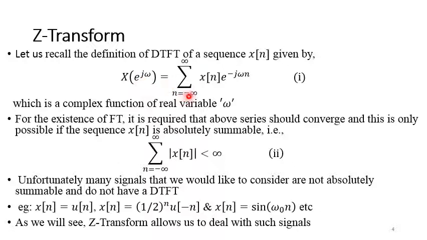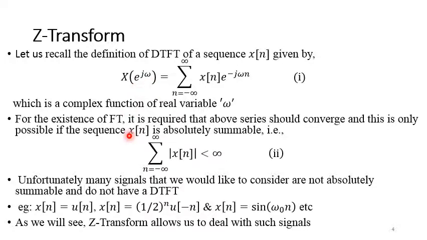We sum from n running from minus infinity up to infinity x of n multiplied by e^(-jωn), where ω is a real variable. You understand that the discrete time signal itself is discrete, but its transform is continuous, right? That is, X of e^(jω) is continuous.